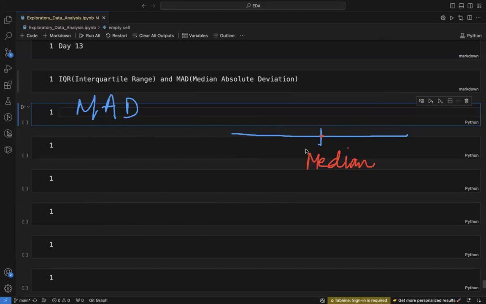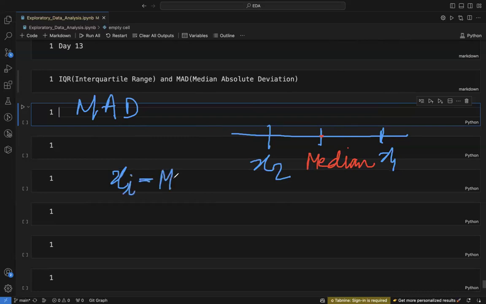Now let's assume this is my x1 and this is my x2, and so on. There may be a lot of observations, but I'm taking only two here. I'm going to take the distance between the median and the points. The distance between these two is nothing but xi minus median.